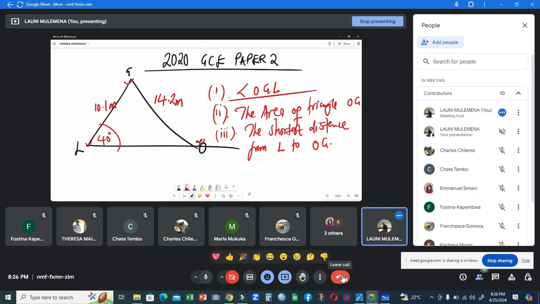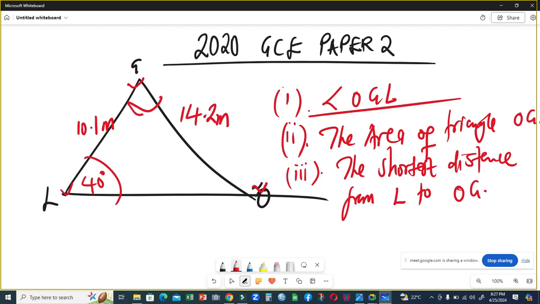When marking test papers, you can even wonder whether this person knows what they are supposed to do, or what they are calculating, because they solve just anyhow. So that's why I'm emphasizing the middle letter, which is letter G.